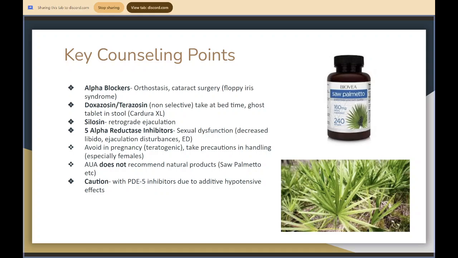You all have a chance about the ghost tablet and any other medication that may have it as well. And then we'll talk about some practice questions.